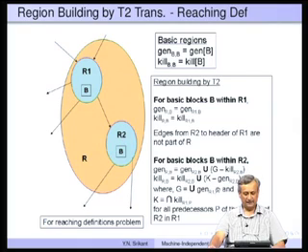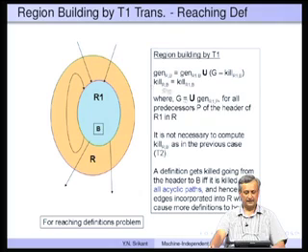Then we presented the T1 transformation. This is very similar. Here the kill does not get modified at all when we go from region R1 to R, simply because we would have considered all the acyclic paths in R1 to the header of B in computing kill.